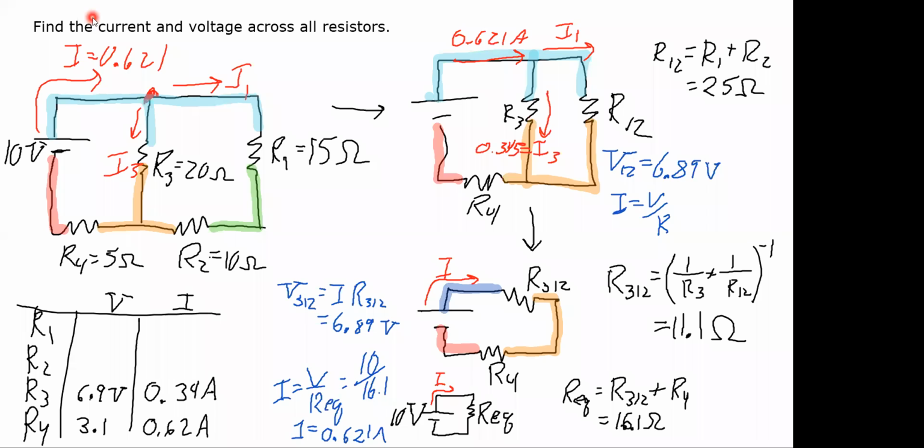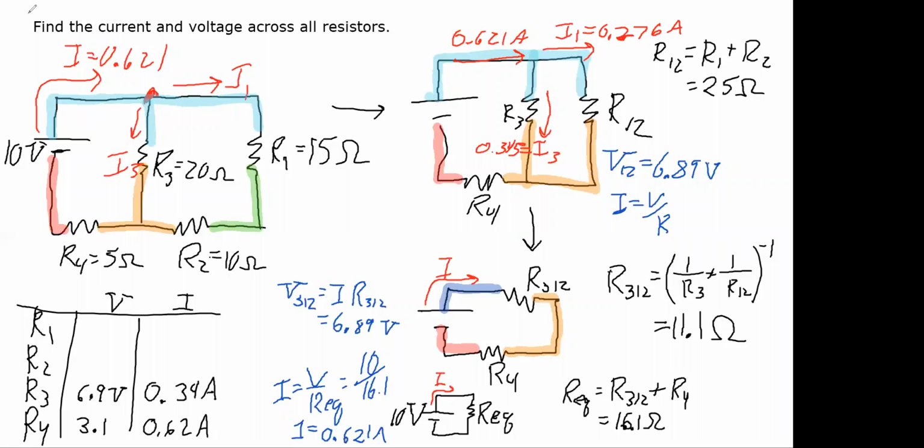So if I do that, I get a current of 0.276. That's my current going to R12.